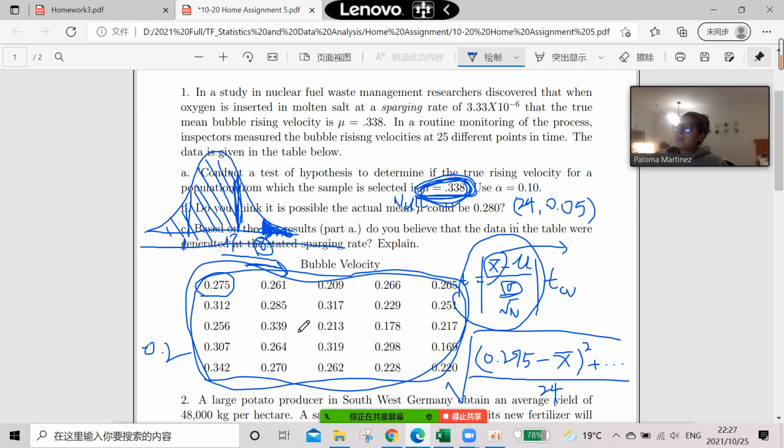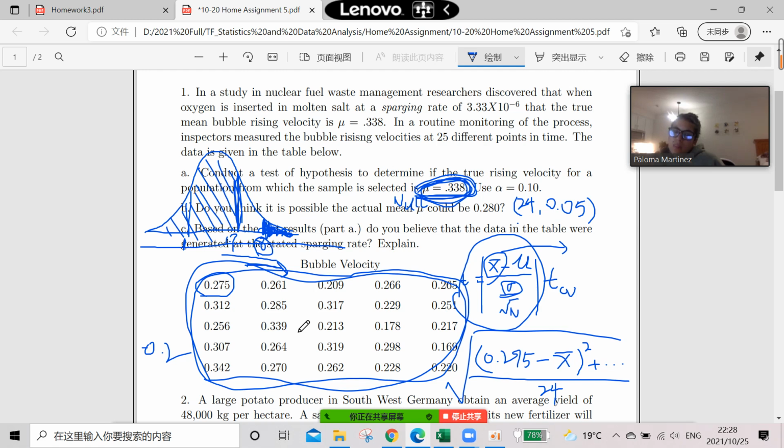Okay, so for part B, do you just replace the mu 0.338 with 0.280? Yes, that's a trial you can do now. But when you study the confidence interval during next lecture, you have a simpler way of doing that. Since you already calculated a mu equals 0.338, you have an easier way to do that. It's like the Z-score test. You remember, you can play with the mean plus or minus several standard deviations.